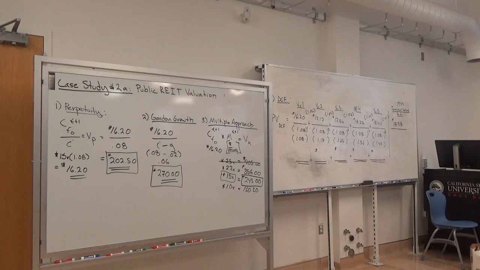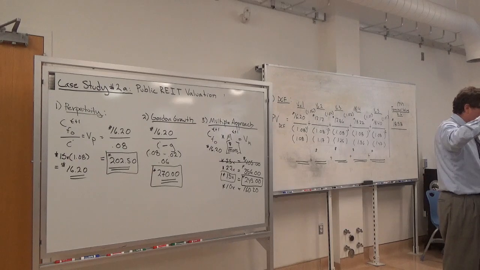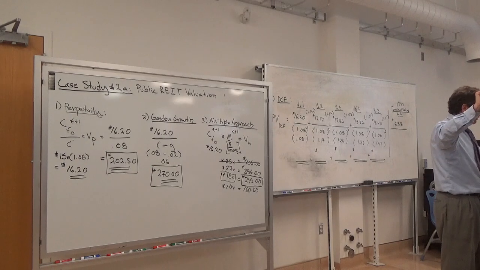Don't they write long-term leases? A lot of these industrial and office leases are for 5 or 10 years. There's a CPI adjustment embedded in the lease contract. So every year, the rental rates are adjusted up by the CPI. So do the cash flows grow at a constant rate over time?